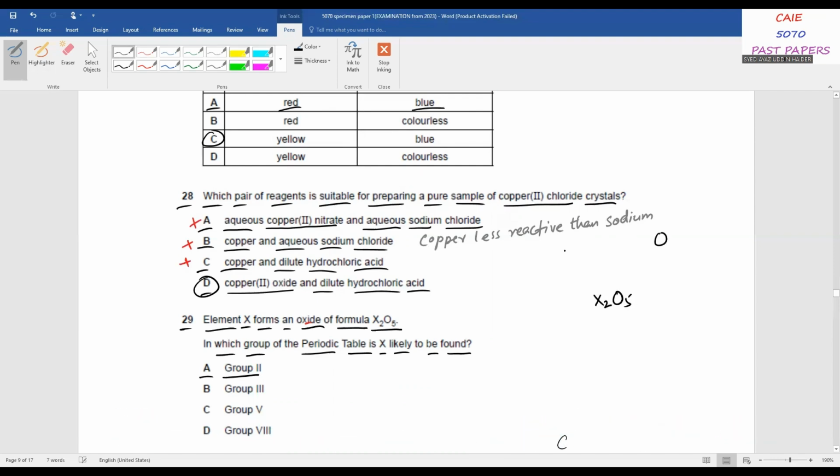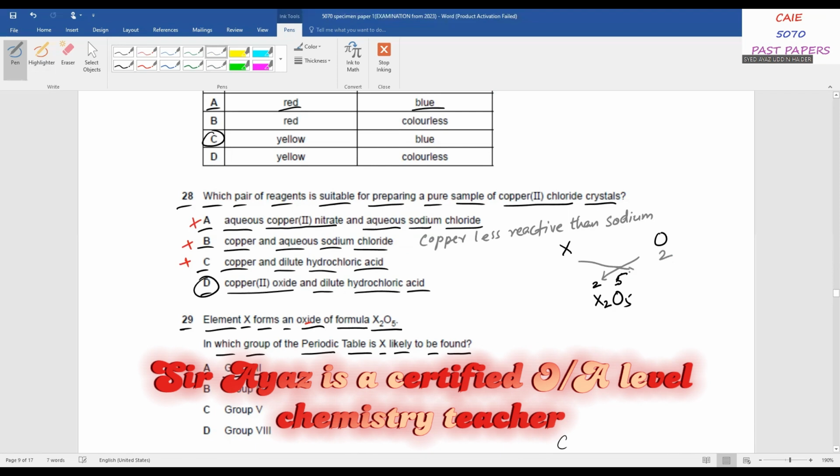If you place oxygen and X in this way, look at their number of atoms. I'm putting these numbers on the top of each atom. X2, oxygen 5. Now these will be subscript. These will be exchanged before getting the final formula. So this 2 is definitely coming from oxygen and 5 is coming from X.